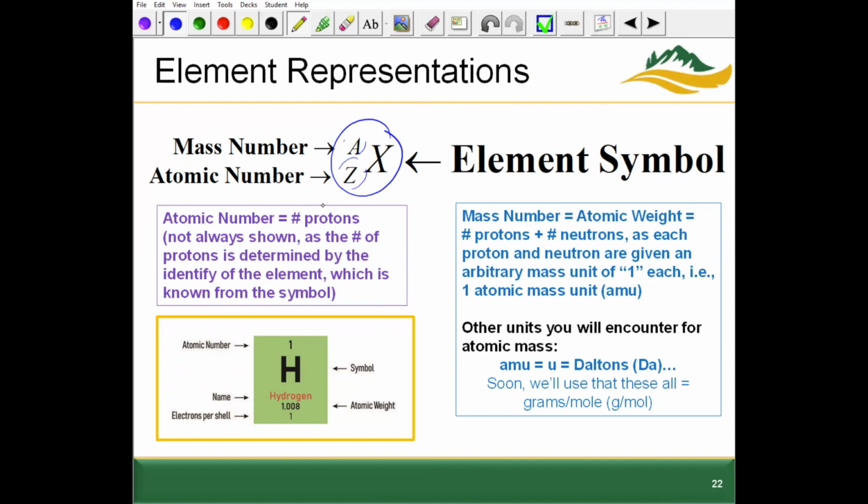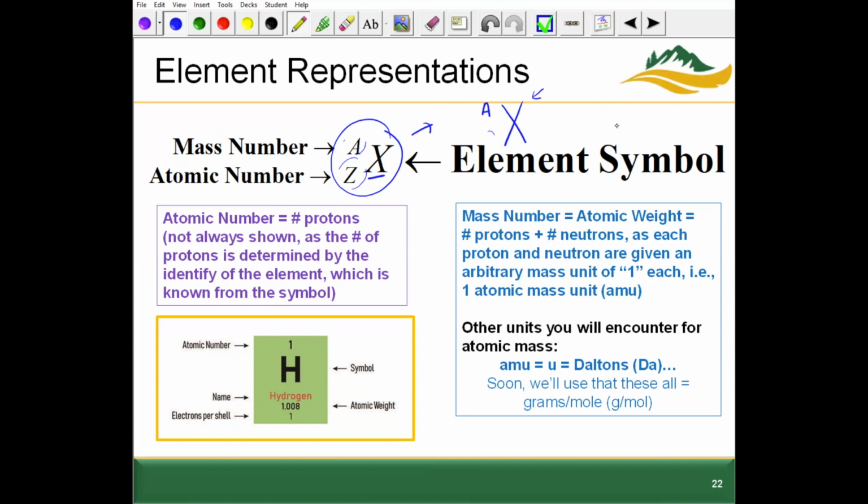As a heads up, you might not see the atomic number listed each time. Why is that? Well, we can tell what the element is based on the symbol. So what I mean is that you might see it listed like this. How do we know the atomic number then if it isn't listed? Well, we use this element symbol to find out what element it is.